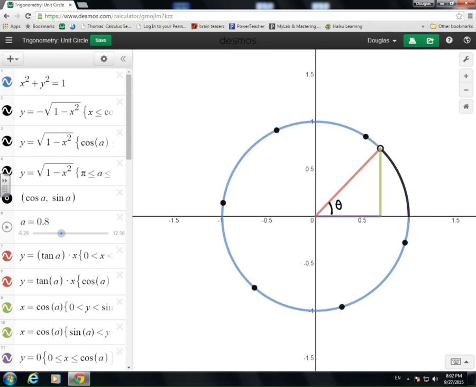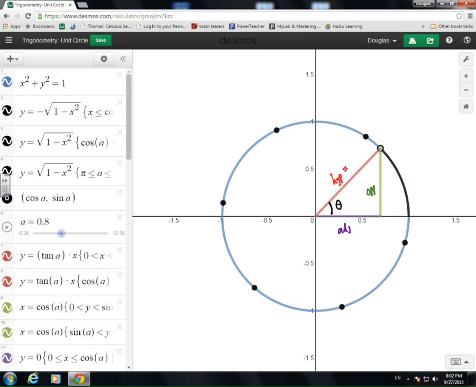If this is the angle theta, then we can identify the opposite side from theta, the opposite side, and then we are going to have the adjacent side, and of course we have the hypotenuse.